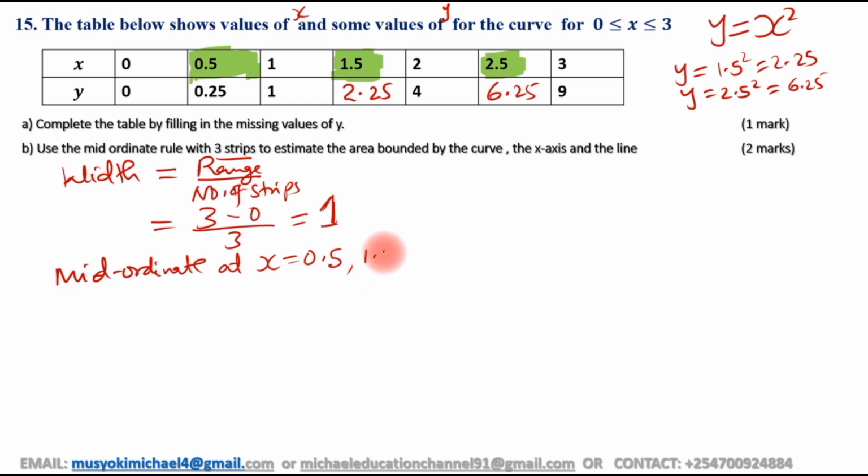Those are the values of x at the mid-ordinates.